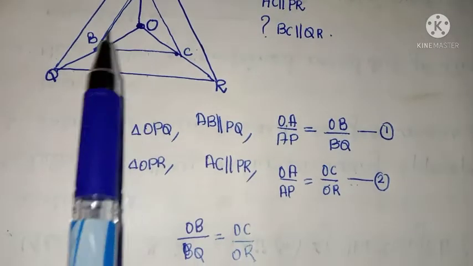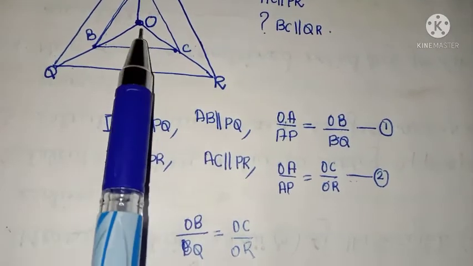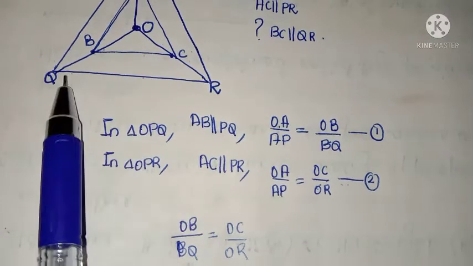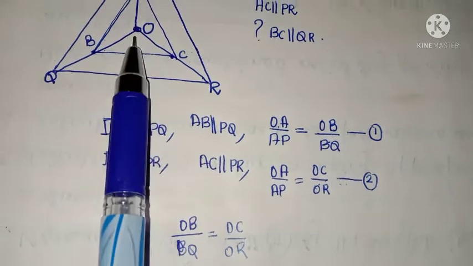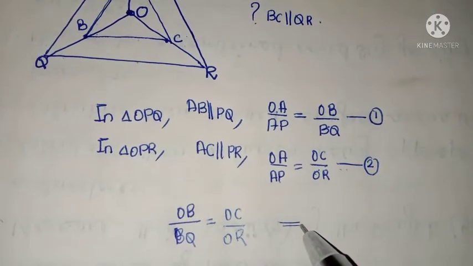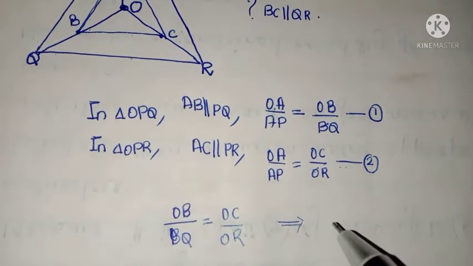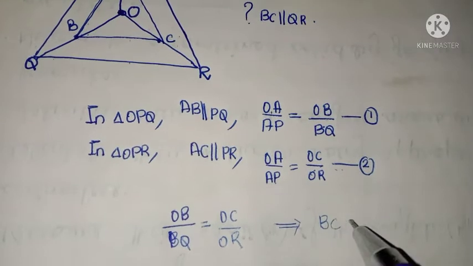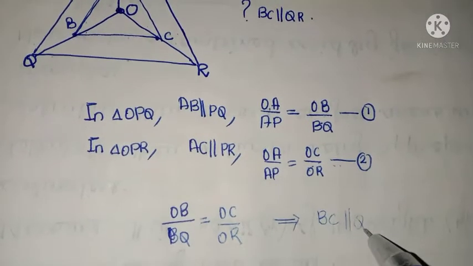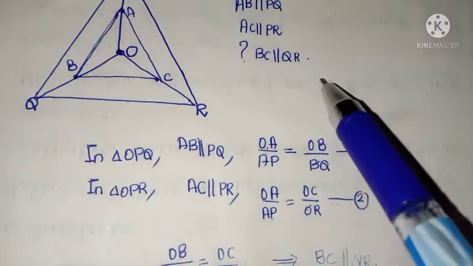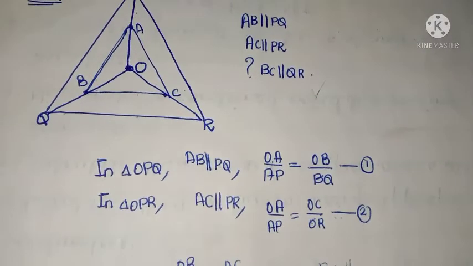In the triangle OQR, corresponding sides are in the same proportion. Therefore, by converse of basic proportionality theorem, the side BC is parallel to QR. Okay, BC is parallel to QR. That's our answer.